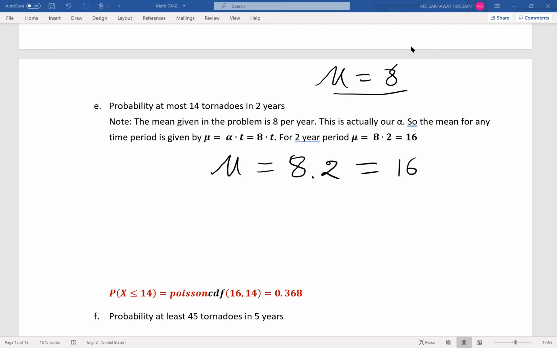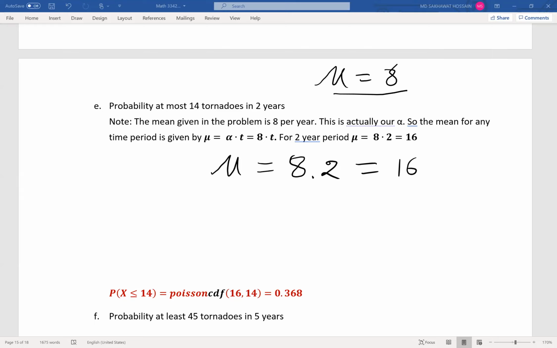If we are looking for the probability for a 6-month period, then what will be the mu for 6 months? 4, yes. If we want the probability for 3 months, you have to calculate the mu for 3 months, right? So when you are finding the probability from the Poisson distribution, you have to be very careful when calculating the value of mu.